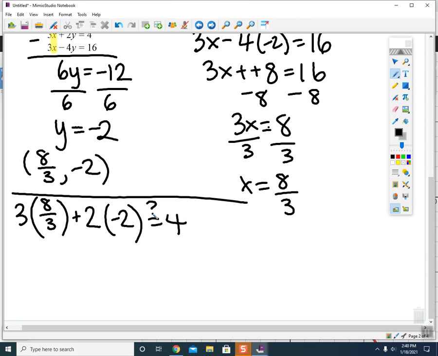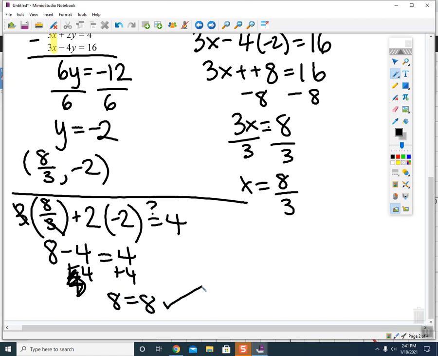I want to know, is this accurate? Well, if I did 8 over 3 times 3, these cancel out, so I just have 8 minus 4 equals 4, and I know that that's true. 4, if I add 4 to both sides, right, I get 8 equals 8. We're good, right? That takes all of about 10 seconds to plug your answers in to see if they're right.